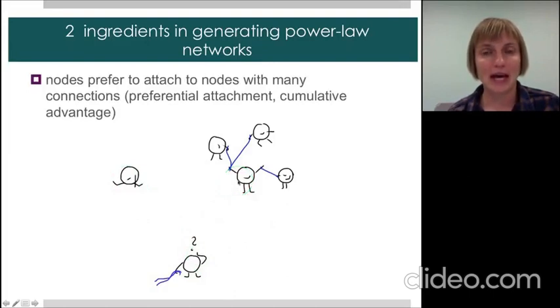Well, in the preferential attachment model, what we'll see is that the node is going to prefer to attach to the existing node in proportion to the number of edges it already has. So it would be more likely to attach to, 3 times more likely to attach to this node, which has 3 edges, versus this node, which has 1 edge.